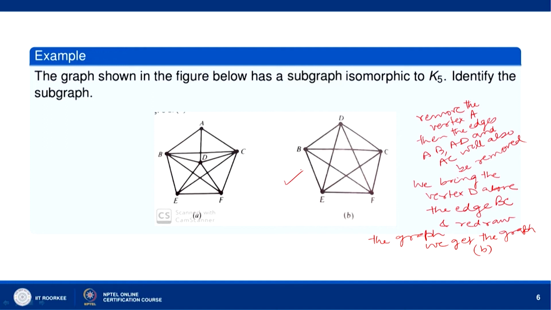Okay, therefore, this graph is isomorphic to K5. But K5 is a non-planar graph. So, the given graph is also non-planar.